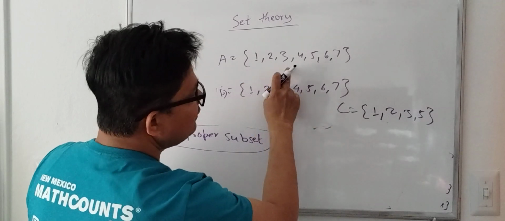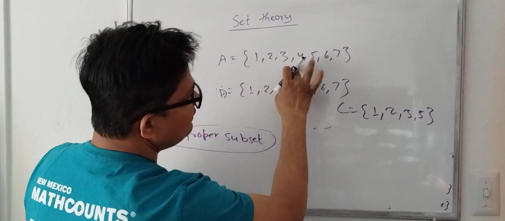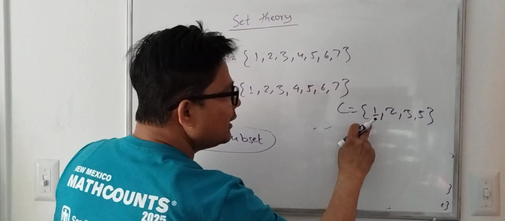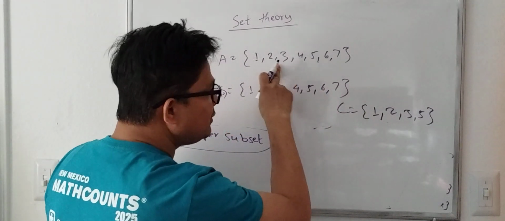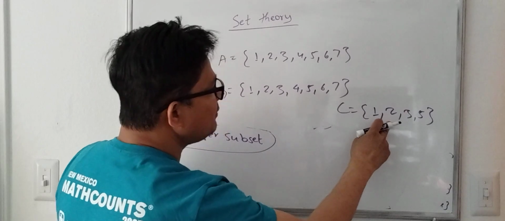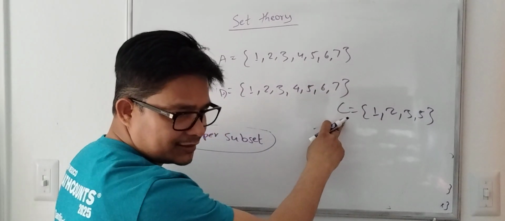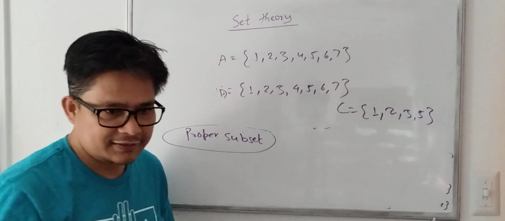What is missing here? 4 is missing, 6, 7 are missing. So if it has elements only from here, but contains fewer elements compared to this, then C is a proper subset. Okay, this is the difference between subset and proper subset.